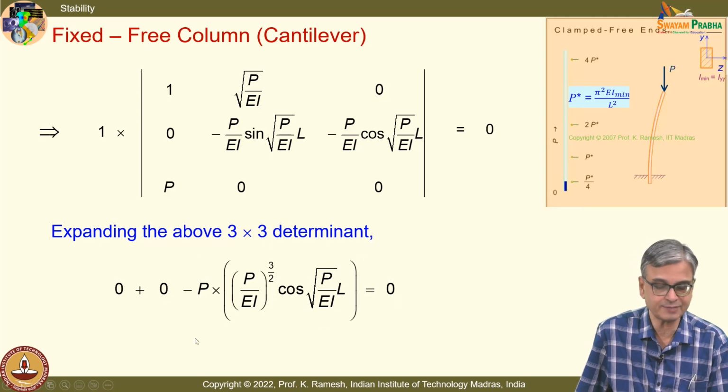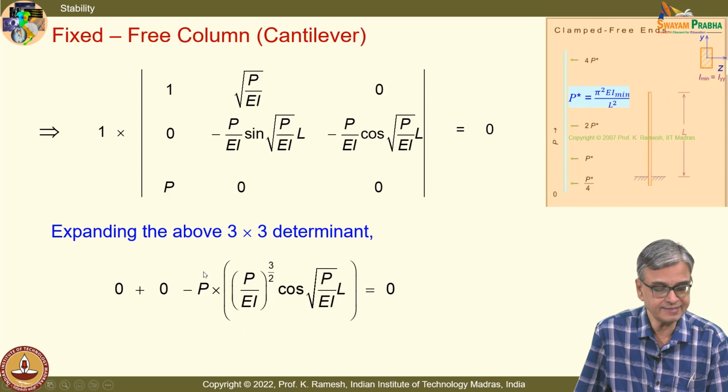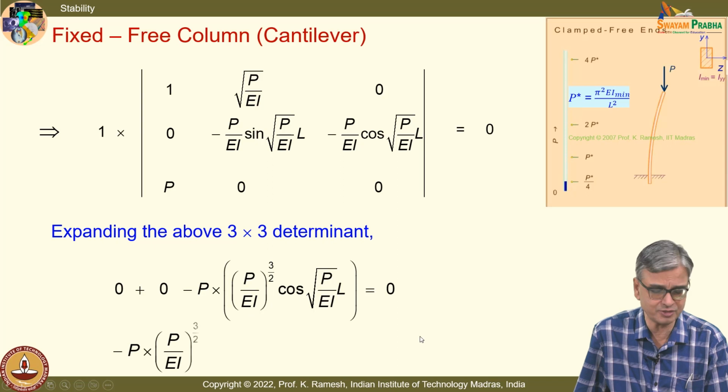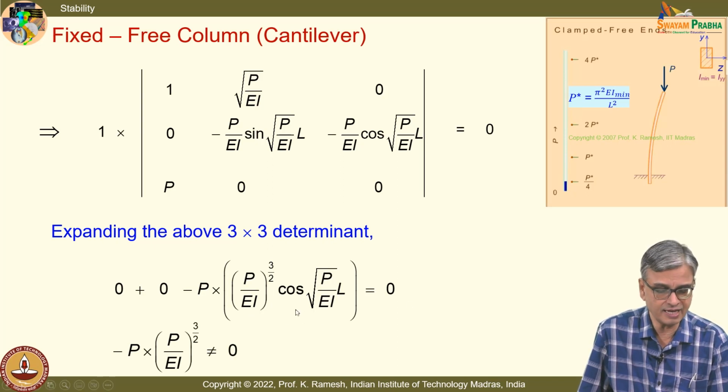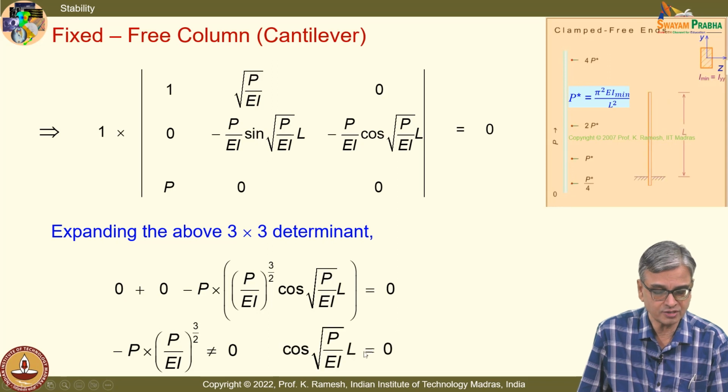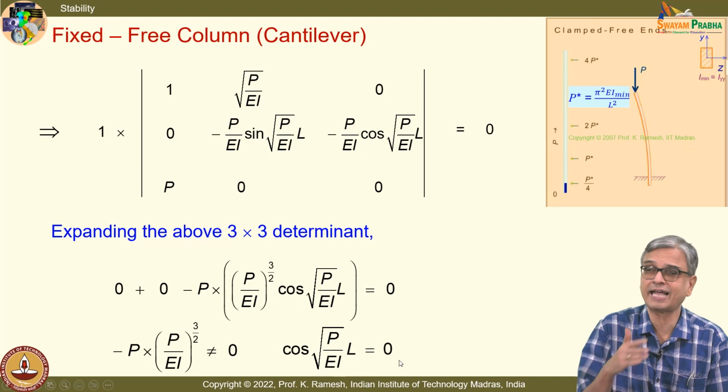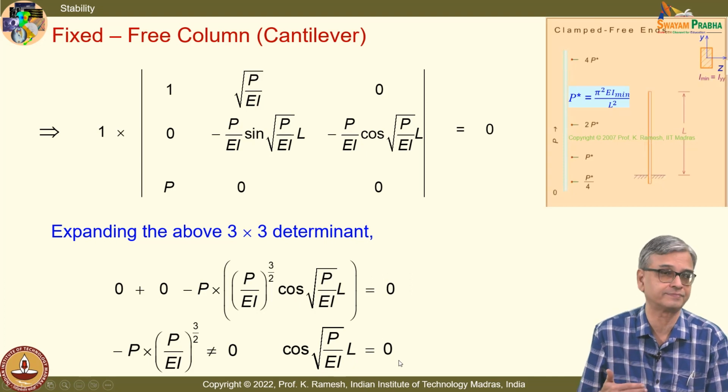So, this is the final expression. See, P is the applied load and EI is the bending rigidity. So, P multiplied by (P by EI) whole power 3 by 2 cannot be 0, because it is a non-zero quantity. So, this tells us that cos of square root of P by EI times L should go to 0. So, that helps us to construct the solution.